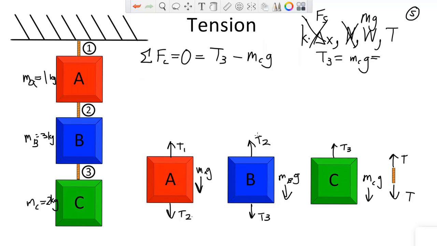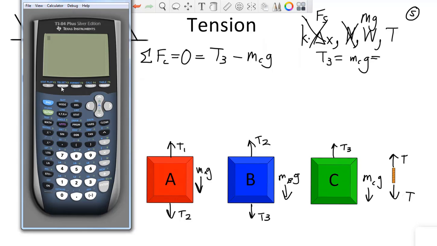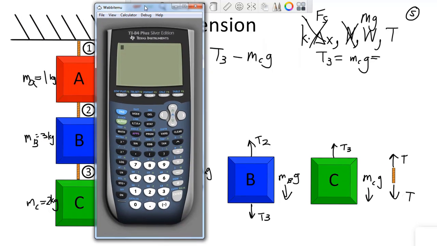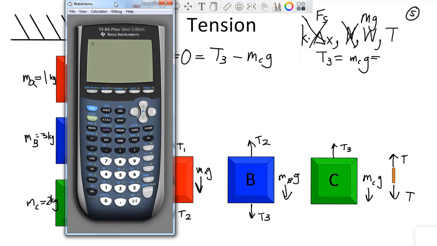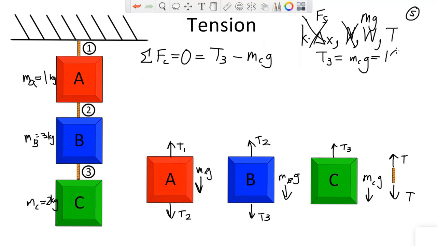If we want to know what T3 equals, we have 2 times 9.81, which is what G is for SI units. So we get in the end 19.62, and that's going to be newtons.